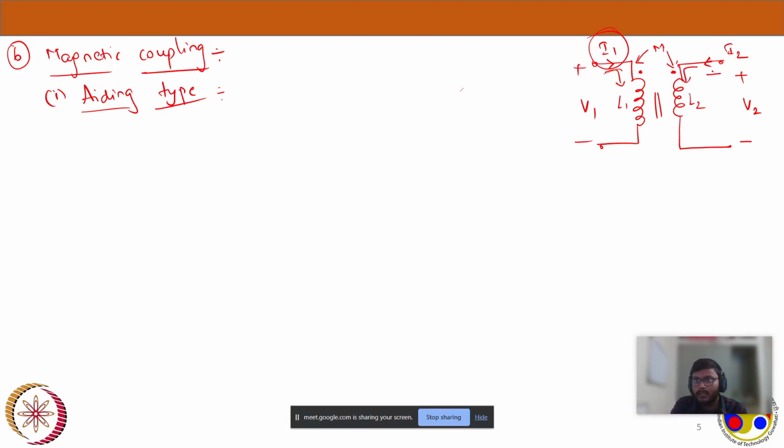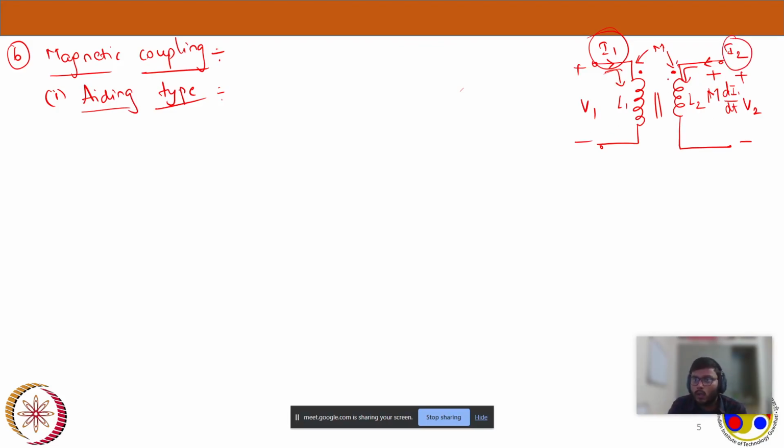So here this is the plus, and mutual inductance is M, and the current is I1, so it is M di1 by dt. That's important. Now let's look at the induced voltage because of current I2.